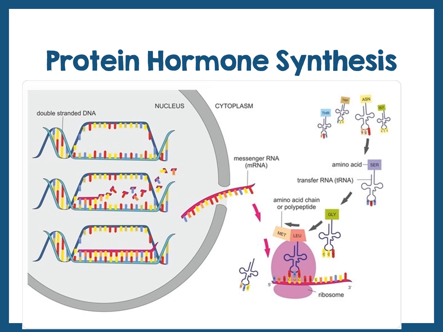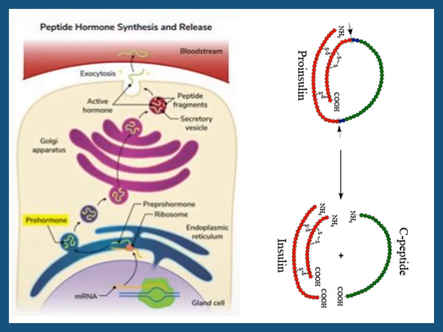So as the amino acid chain starts to form, this chain isn't a hormone yet. It's more of a pre-pro hormone. So once that mRNA molecule leaves the nucleus, it's going to find a ribosome.